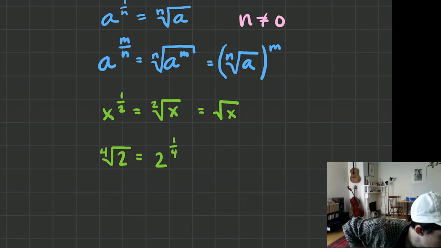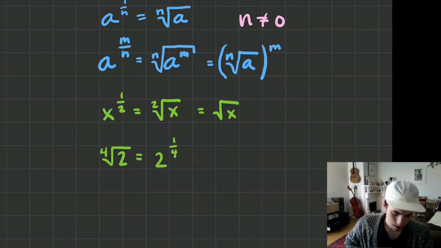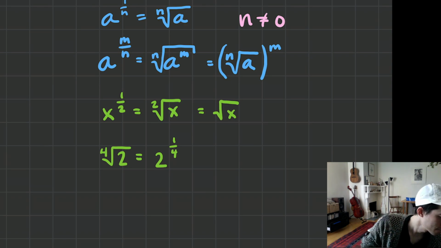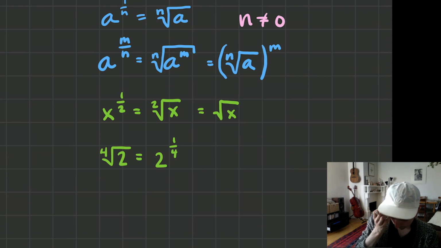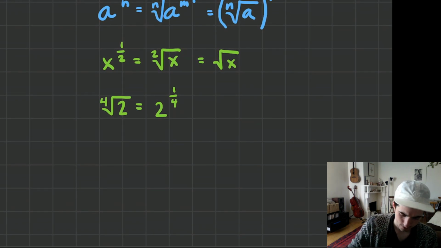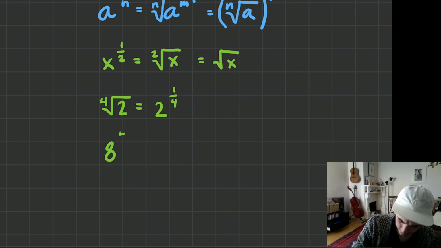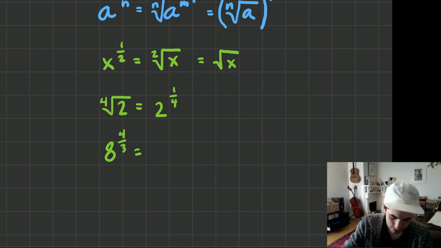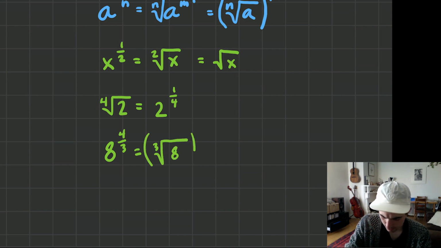Let's do 8 to the power of 4/3. So this is equal to the 3rd root of 8, all taken to the 4th power.